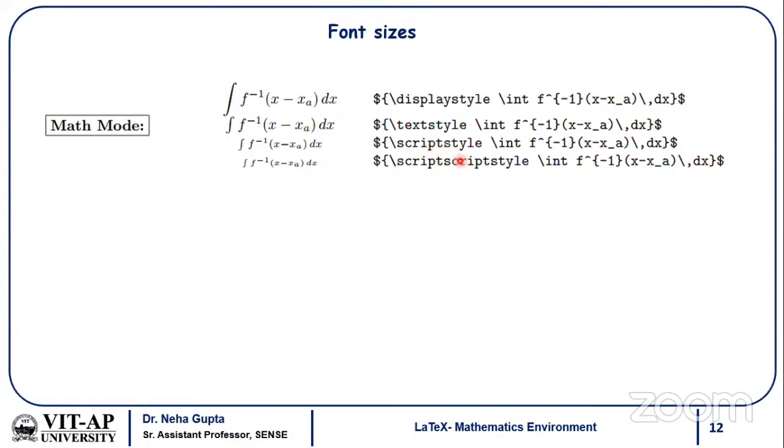Then script script, one more time you define it, it should be even smaller in size, so it gives you this type of expression. So display style, text style, script style, and script script style, four ways. In whichever size you want, you can represent your expression in this form.